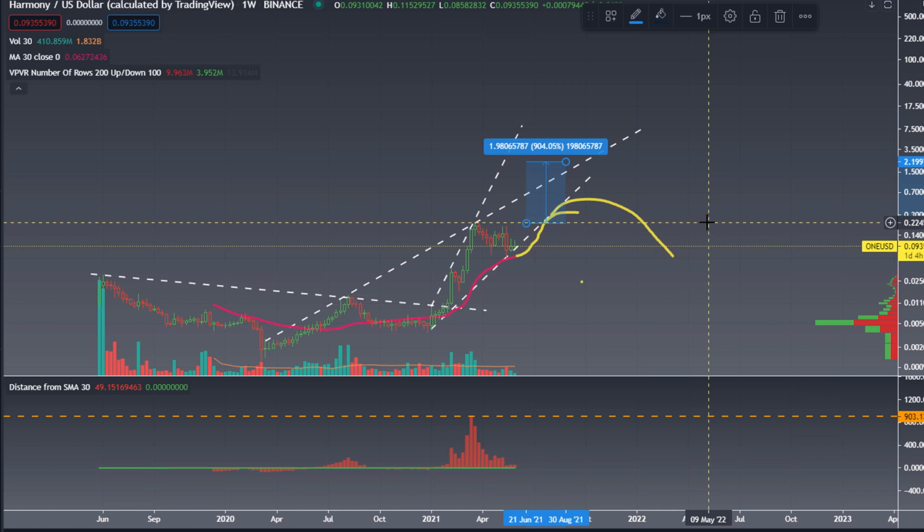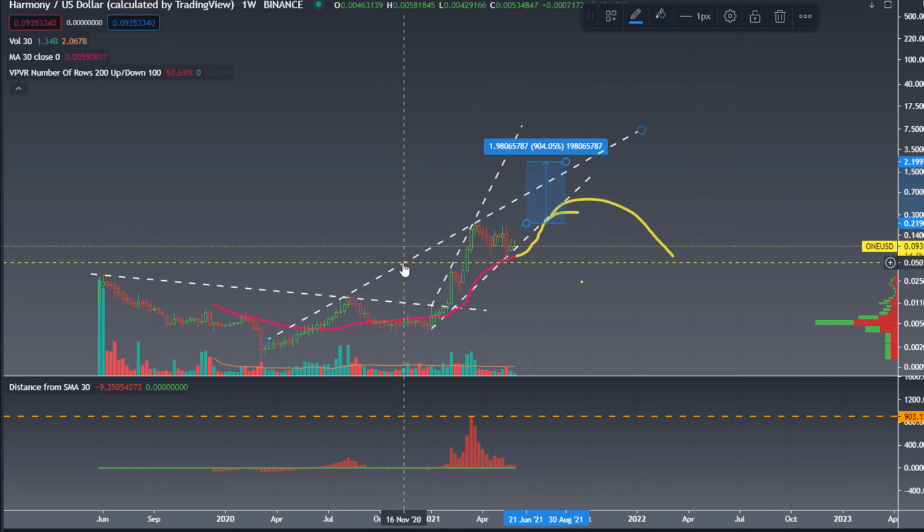But these are good ways to get rough estimates of targets, because we can use the Fibonacci's and we can use the measured move predictions and all that. But I think this extension from the moving average is really going to be the indicator I'm going to use to determine when I start selling.